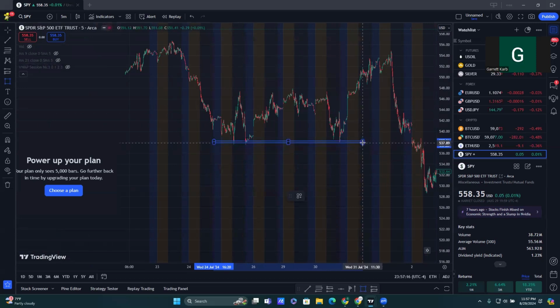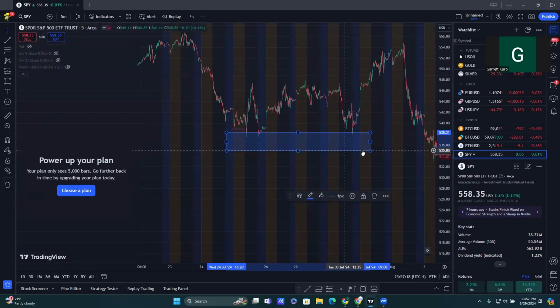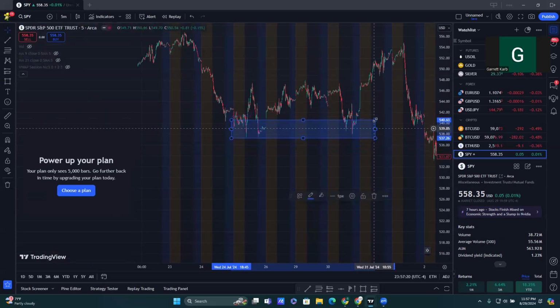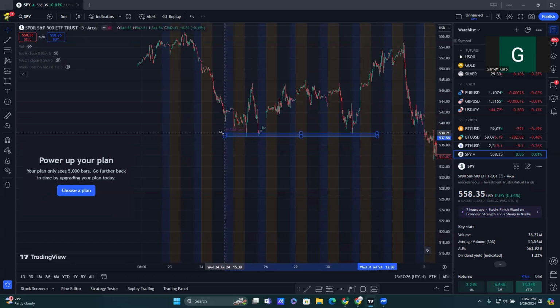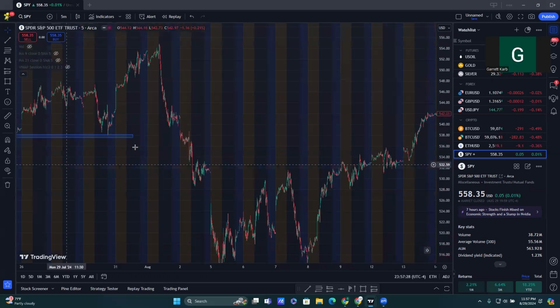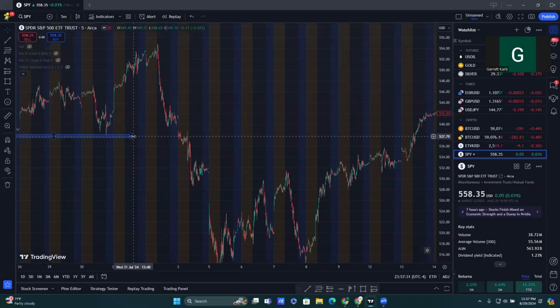I haven't paid for TradingView in a while, so I don't think I can go back that far. All right, so this area definitely is high levels of support. So let's check that.